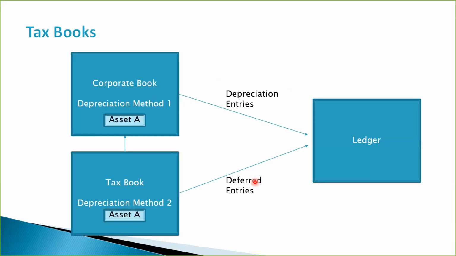So they use a depreciation method that allows them to reduce their tax liability. But anyway, those deferred entries are what is sent by the tax book to your ledger, while your corporate book sends the normal depreciation entries that it will produce once you run depreciation.